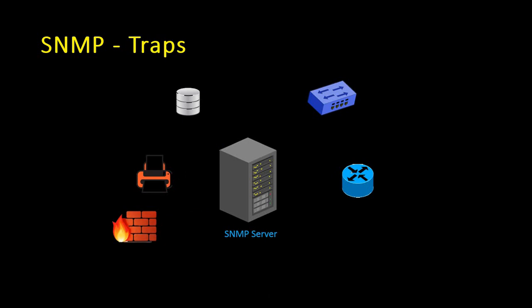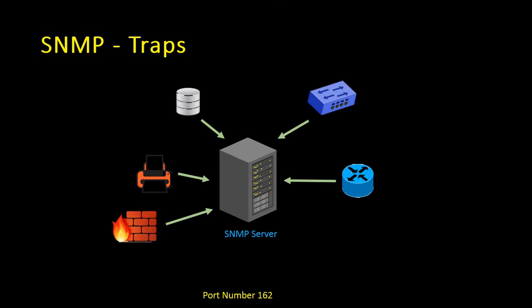Now in the case of traps, if some trigger happens, such as a database not being able to store more information, some firewall issue, a router not being able to manage a high load, or the same scenario in a switch, these devices will communicate to the SNMP server through port number 162.